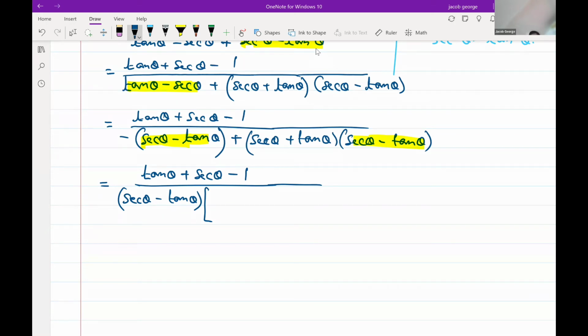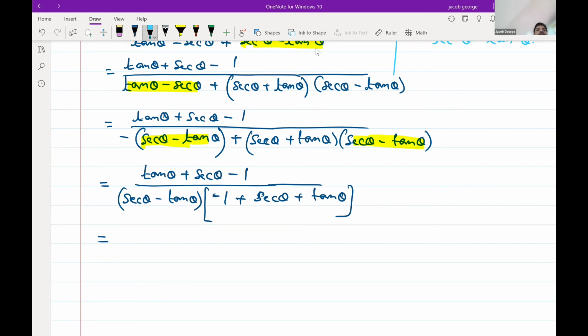If you take sec theta minus tan theta outside, what happens to this term? Divide by sec theta minus tan theta. So what will remain there? Minus 1. It is minus 1, plus sec theta plus tan theta.